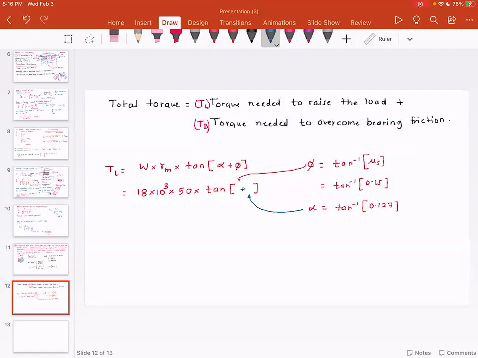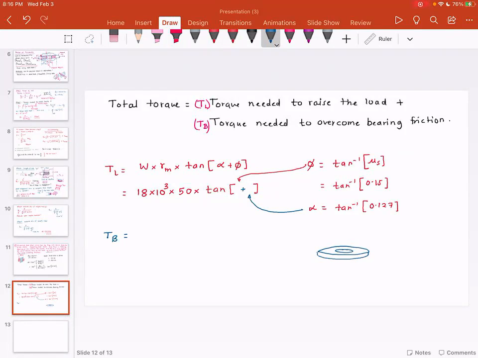Okay, so I'll work out the next part, which is TB, the torque needed to overcome the bearing friction. For the bearing friction, please understand how this bearing is going to look. This bearing is a thrust bearing. Think about it like a sleeve.